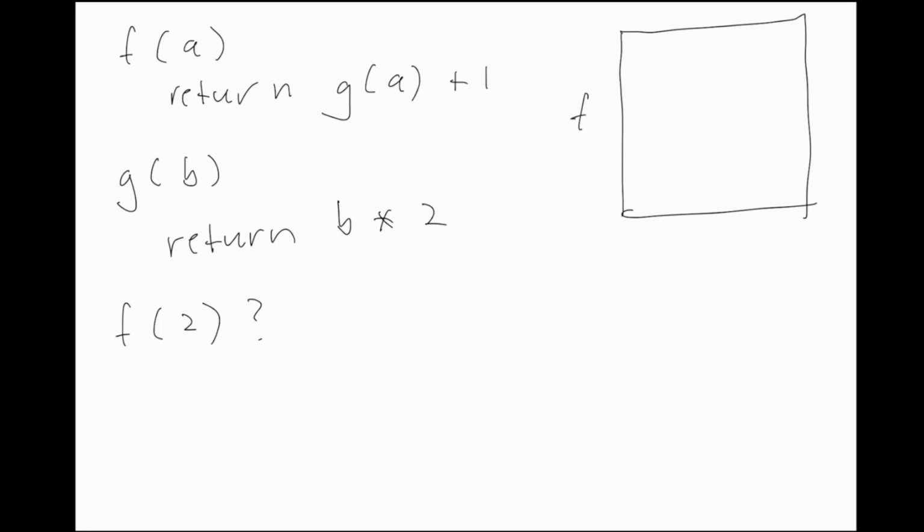There is space allocated for the variable a, given the number 2. And that's all the state we actually need at this point for f.